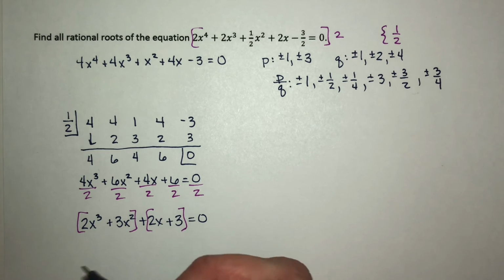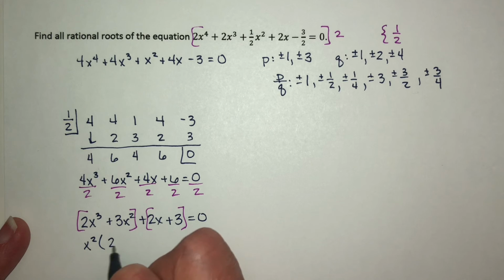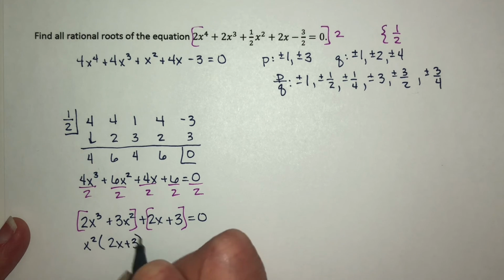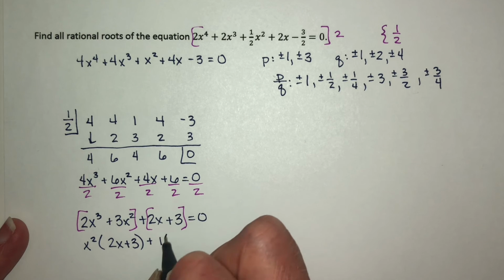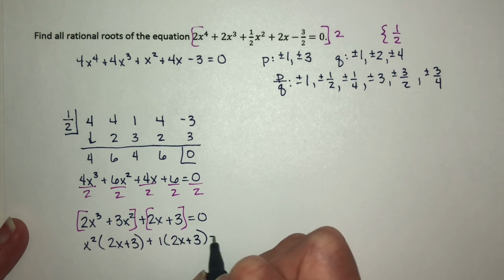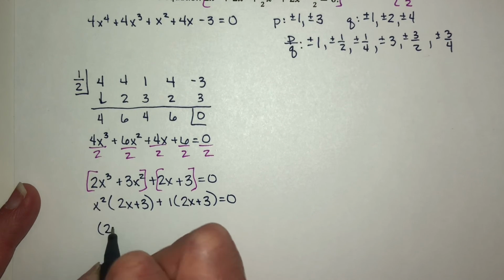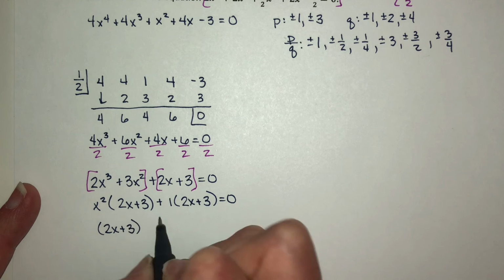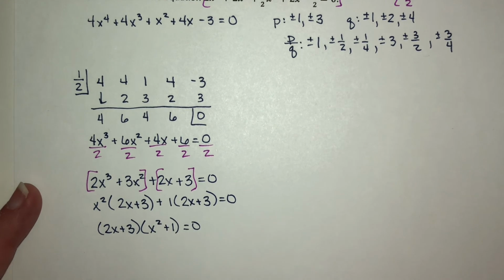I can factor x squared out of my first group to get 2x plus 3. And because I want to factor something out, I'm going to factor out a 1. Okay, so this factors as 2x plus 3 times x squared plus 1 equal to 0.